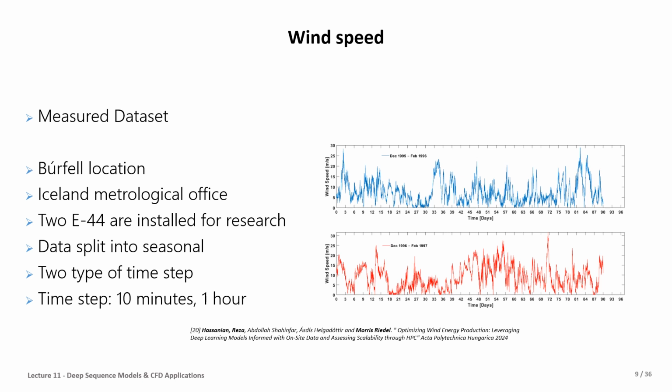Also, we developed this model to use it in other similar conditions. For example, in the wind power industry, there are some issues that could be resolved by this method.